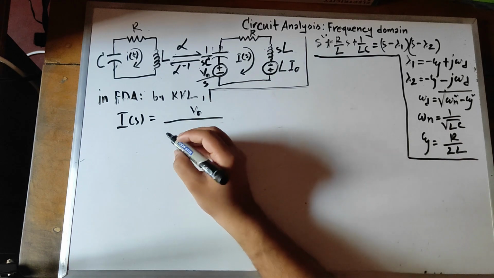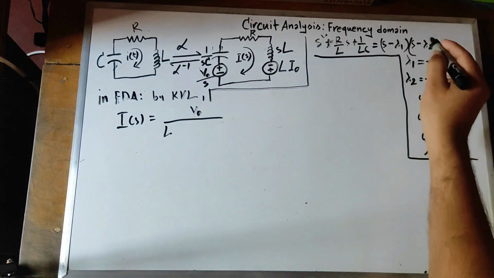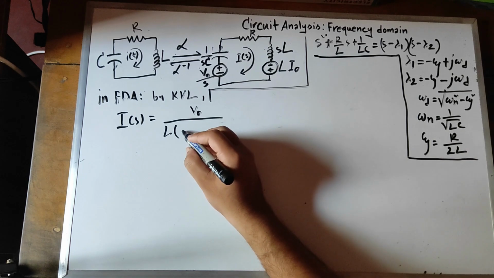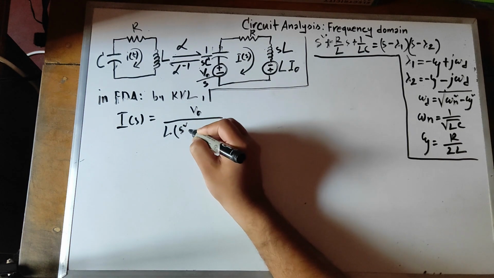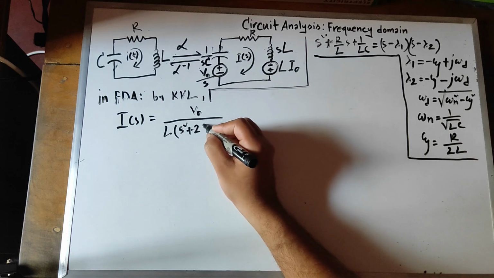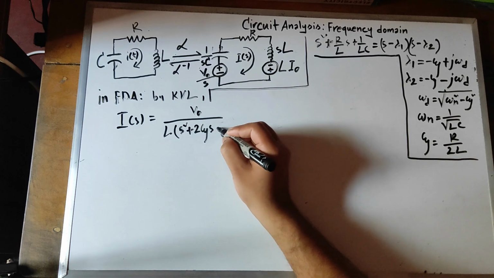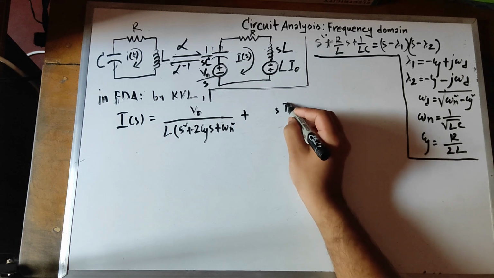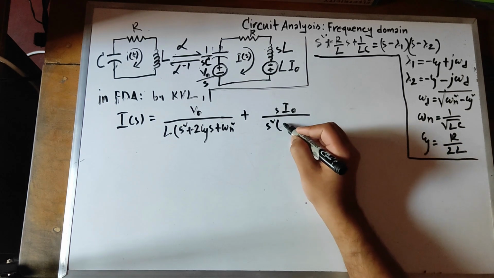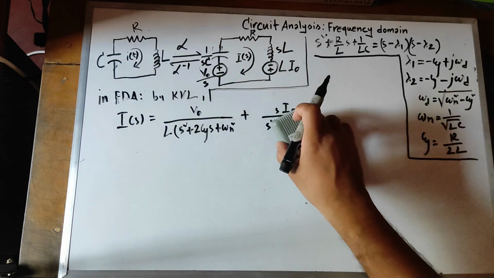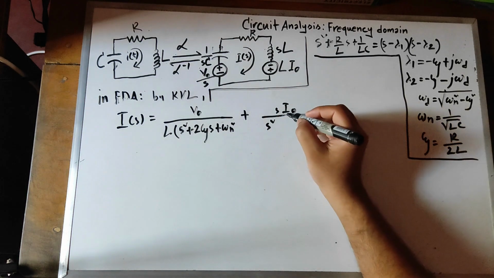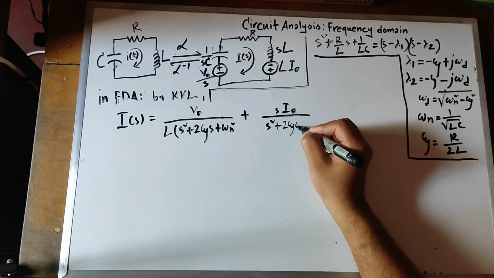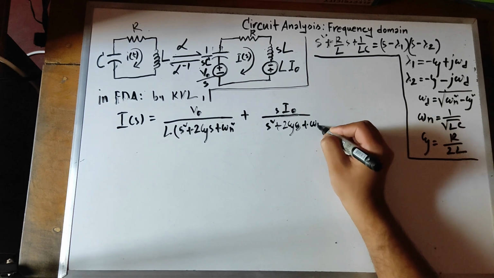Let me write this as V0 by L over s square plus 2 psi s plus omega n squared, plus the initial-condition term over s square plus 2 psi s plus omega n squared.